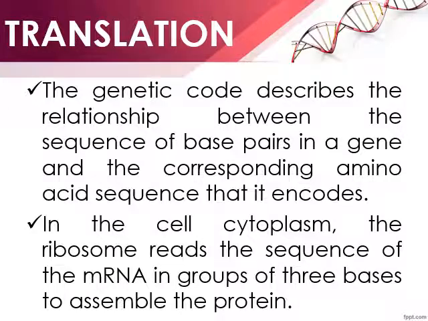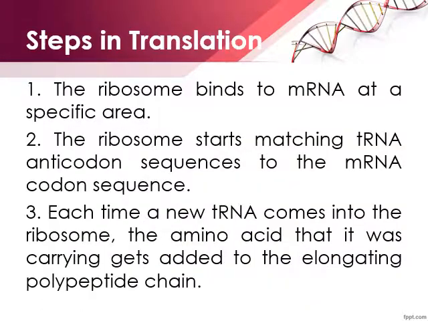So in the cell cytoplasm, the ribosome reads the sequence of the mRNA in groups of 3 bases. Ano nga ulit yung 3 bases na yun? Yun yung codon. So the steps in translation, the ribosome binds to mRNA. The ribosome starts matching tRNA anticodon sequences to the mRNA codon sequence.